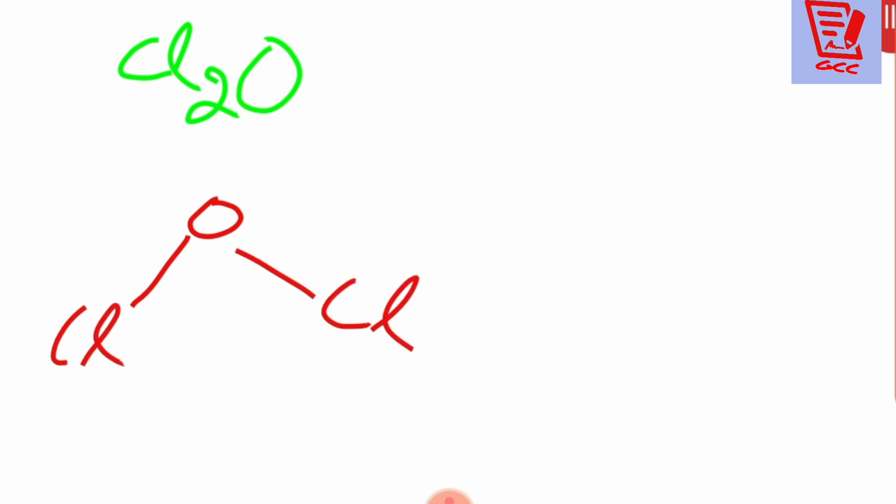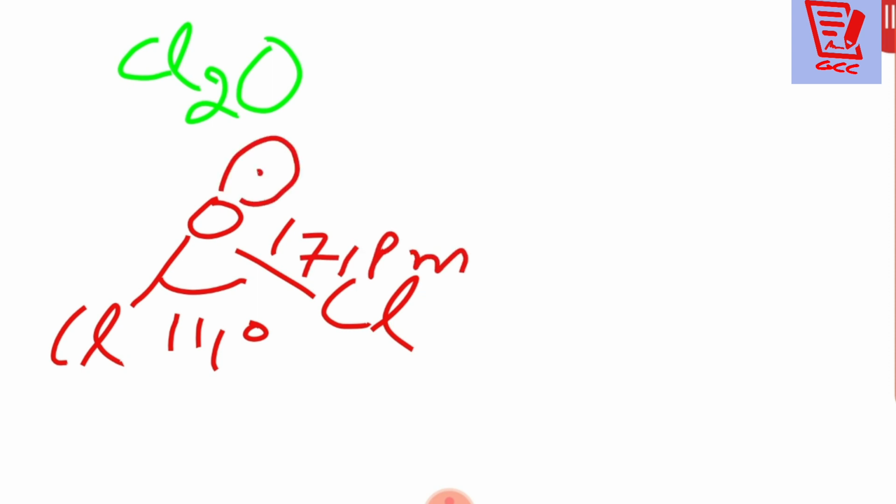Whenever we make the structure for Cl2O, it is like this: chlorine, oxygen, chlorine. Clear? Then the bond angle is 111 degree, the bond length is 171 picometer, and the lone pairs will come.